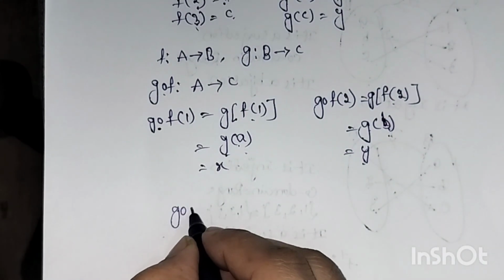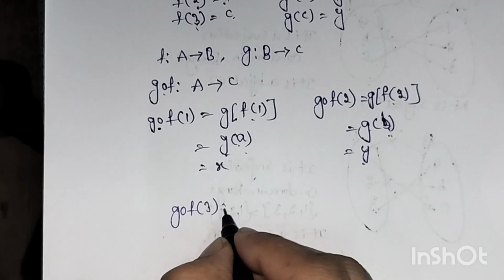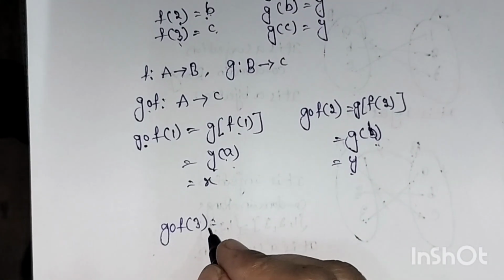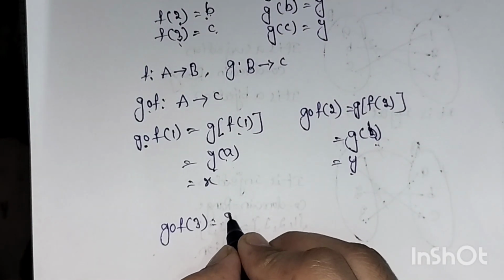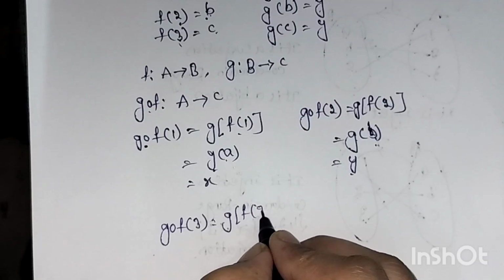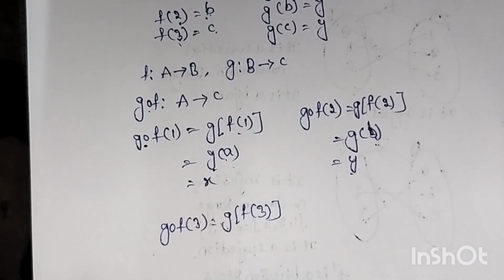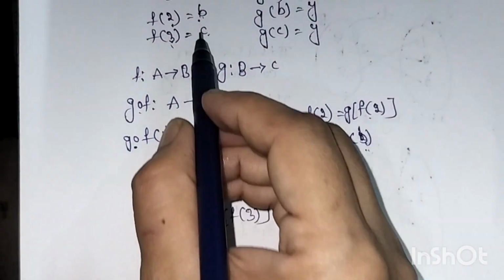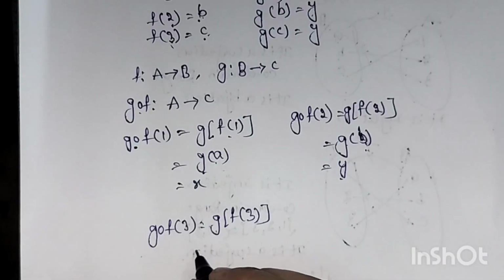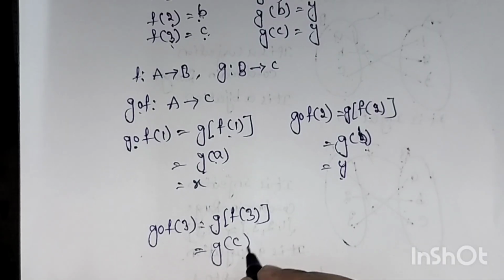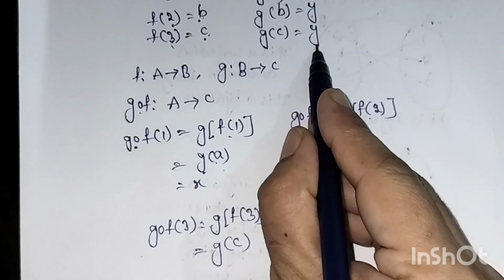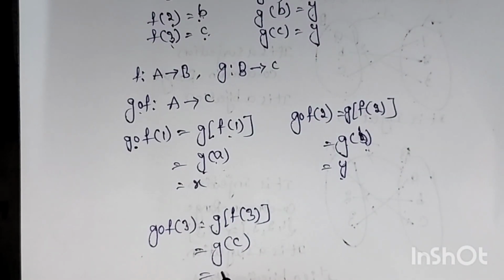G circle f of 3 equals g of f of 3. F of 3 is equal to c. G of c equals y.